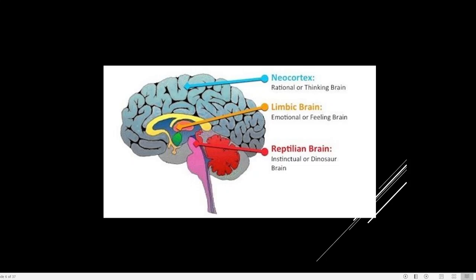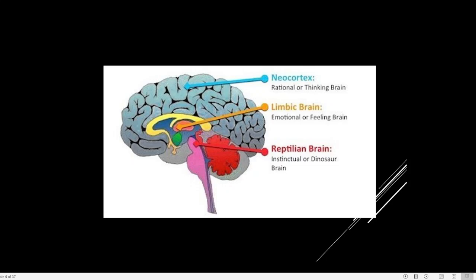So those kinds of behavior are controlled by this lower portion of the brain, known as the reptilian brain or dinosaur brain, because they are basically biological responses. We do not think much when somebody is going to attack you. When something is coming to fall on you, you immediately move away. These are all instincts, so such actions are under the control of the lower part.